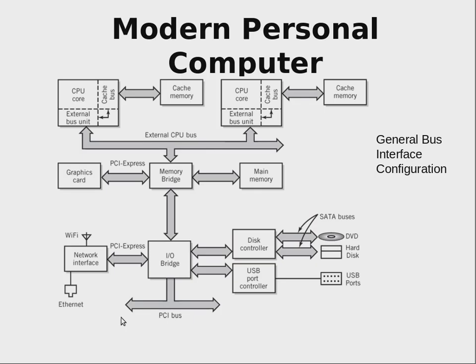Particularly for a personal computer, there are many buses which connect memory with the processor and with external devices like hard disk, DVD disk, keyboard, etc. Usually they talk about the so-called North bridge and South bridge, where North means the upper part of the diagram and South means the lower part of the diagram. North is more expensive and faster, South is cheaper and slower.